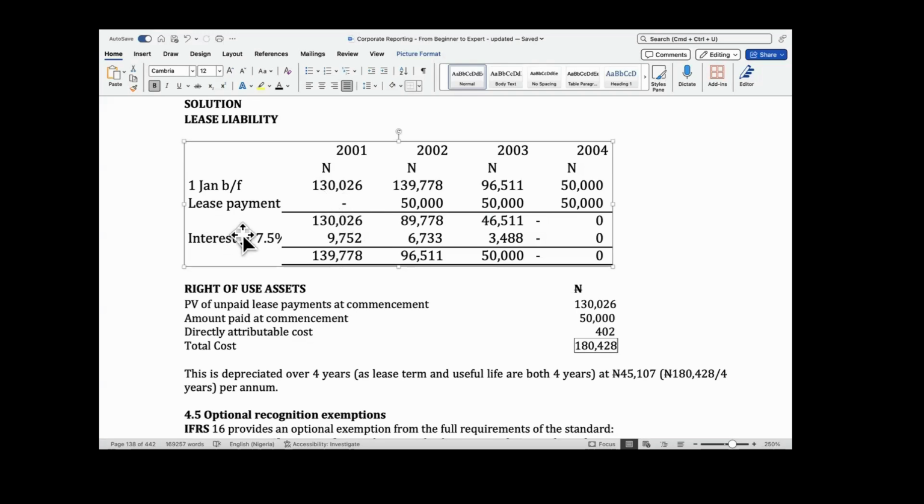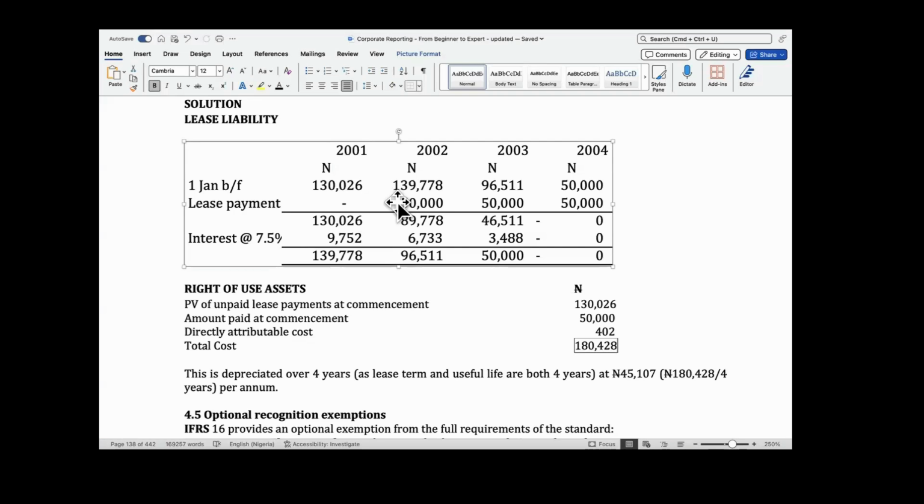So then we add the interest, which is 7.5% of 130,026. That gives 9,752. You will then add that to the 130. That gives us 139,778, which we are going to carry forward to the next year. So when we carry that forward to the next year, you will then deduct your lease payment of 50,000.